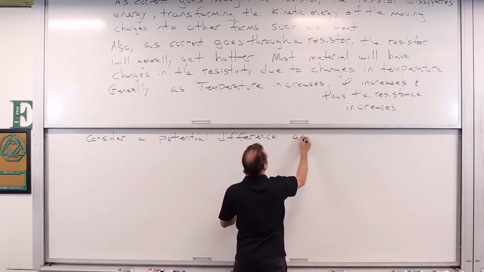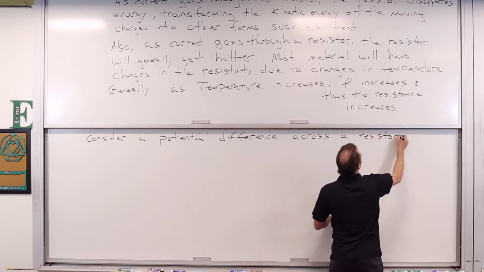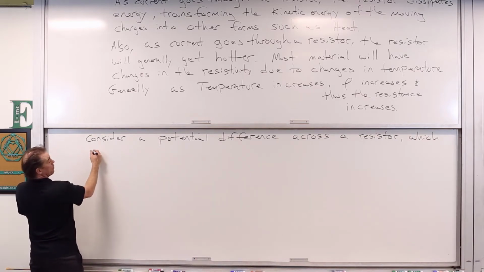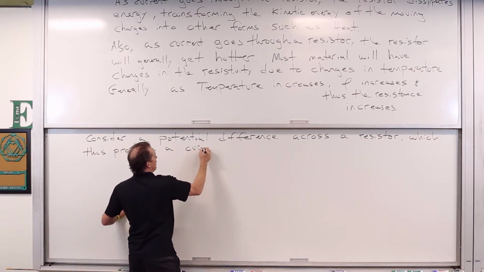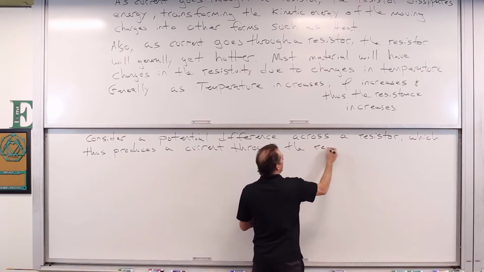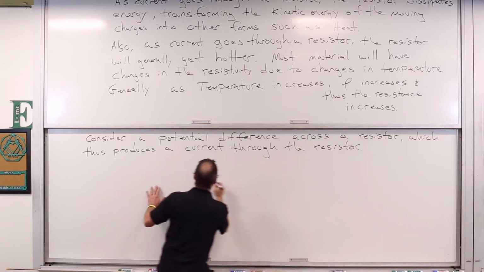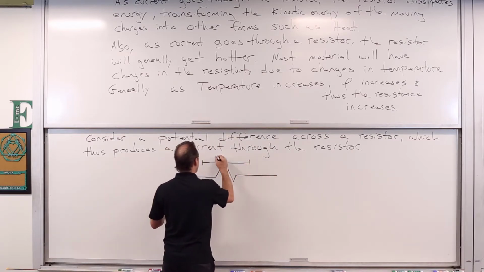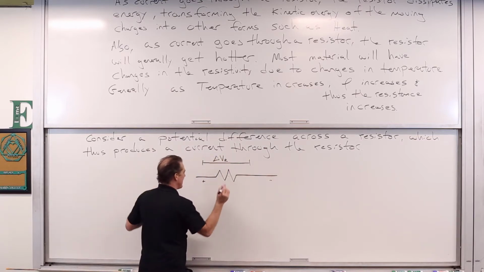So, consider a potential difference across a resistor which thus produces a current through the resistor. We can take a resistor here and say there's some potential difference across it. We'll call that delta V sub R. We'll say that's the plus side, that's the minus side, that doesn't really matter.